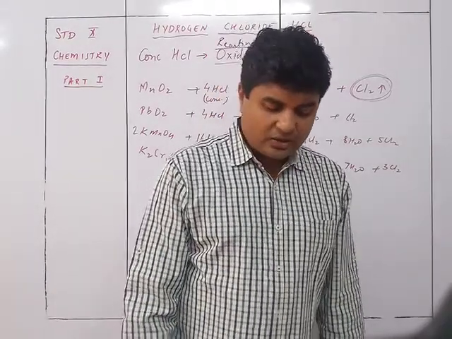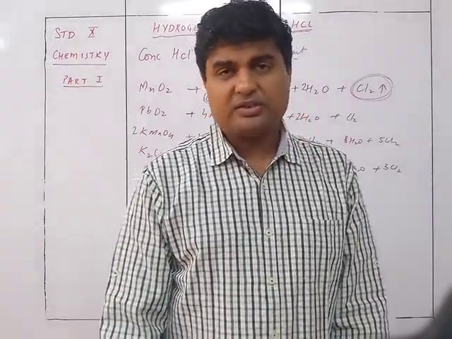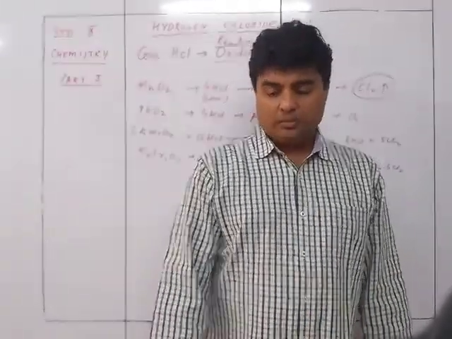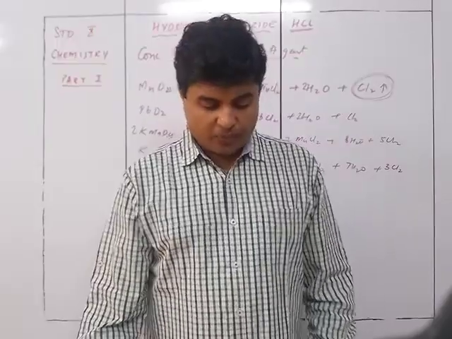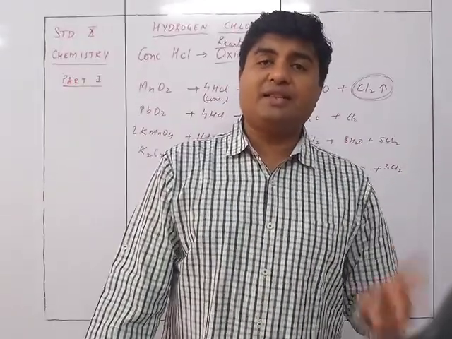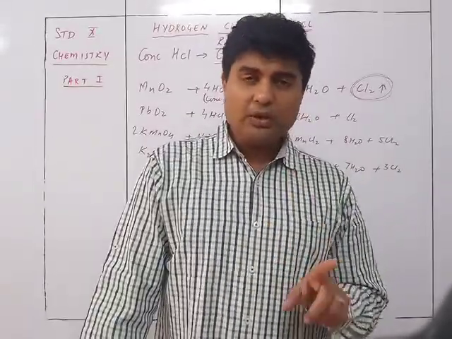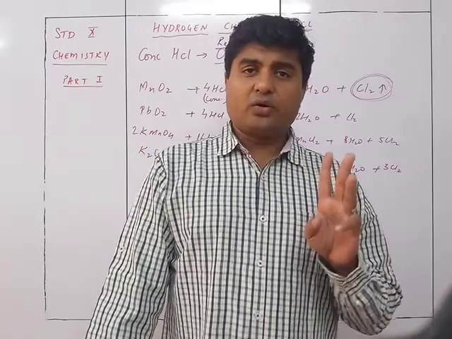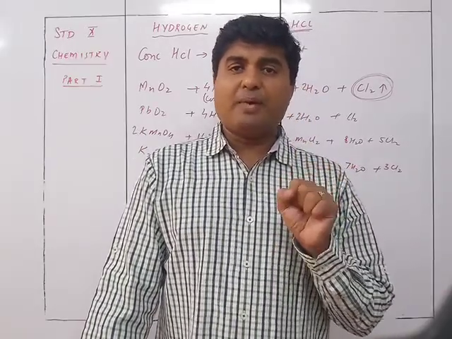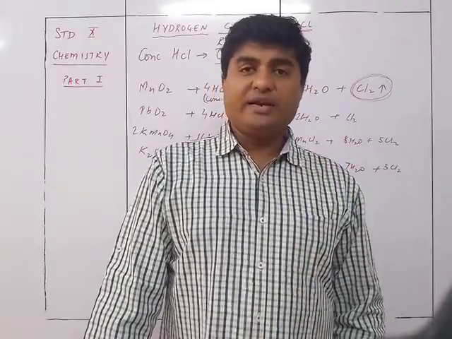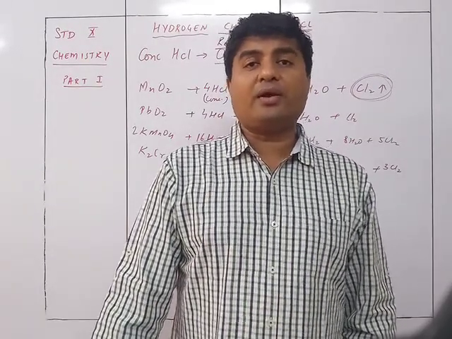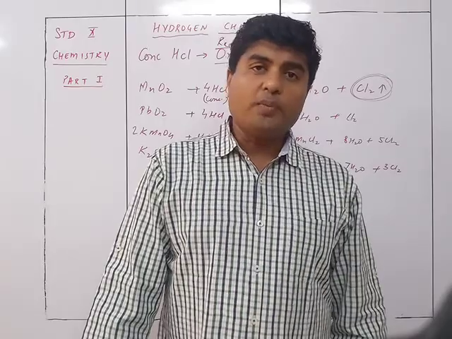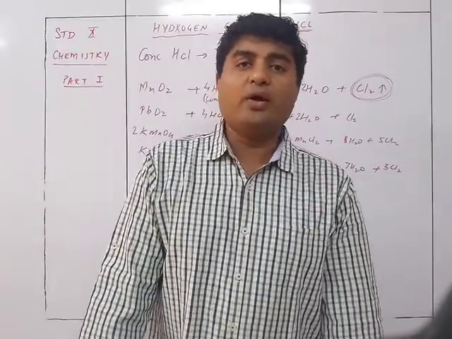These reactions are not that important, but you can just note that aqua regia is the ratio of 1 part nitric acid and 3 parts hydrochloric acid. When combined together it gives you aqua regia, which gives you nascent chlorine. The nascent chlorine can react with the gold or platinum to give you gold chloride or platinum chloride.